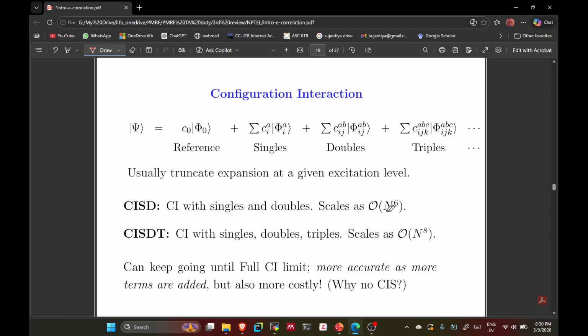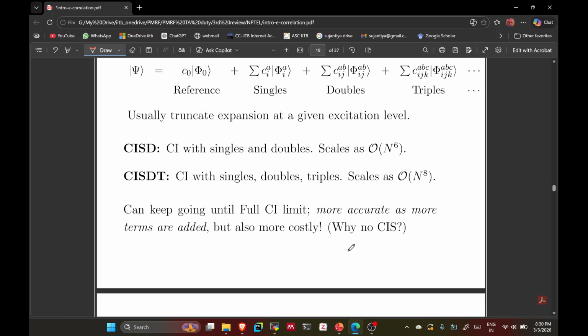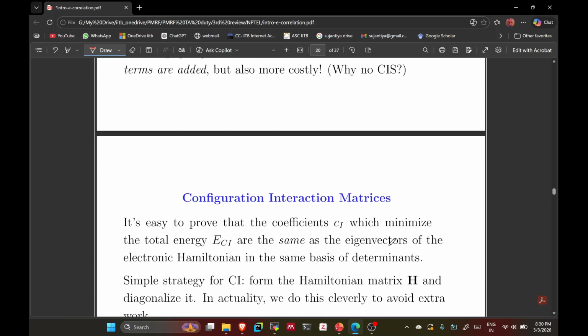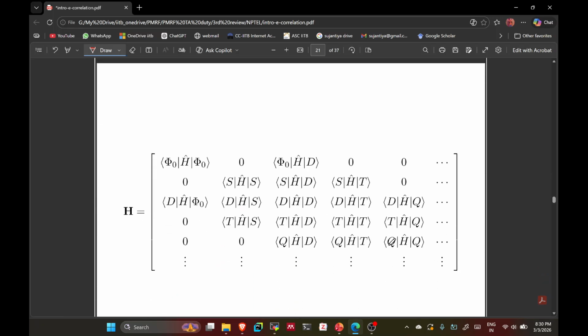There I discussed what it means when a term scales as 10 to the power 6, where this is the number of basis functions. And in this CISD, you can see that if you incorporate triples, the scaling is basically killing, right? Now, why is there no CIS, right? That we'll be discussing later.